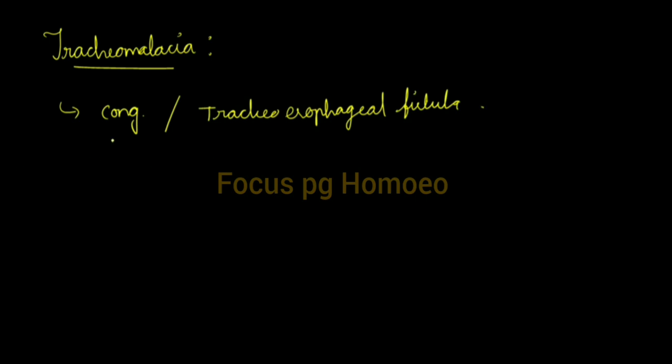And here the most interesting thing is, in case of tracheomalacia, we have a specific cough which is called as barking cough. Okay. So these are the MCQ points related to tracheomalacia.